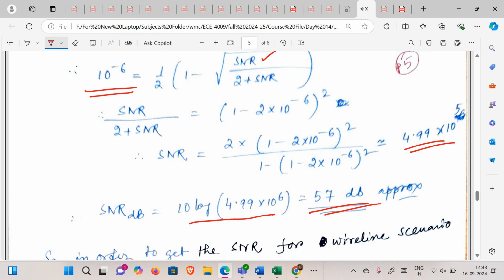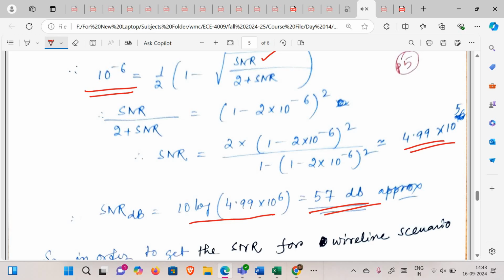Right? Can you do me a favor? Can you at least write the equation for the same for a wired scenario? Suppose the question is: compare the SNR requirement from a wired and a wireless scenario, keeping that BER should be 10 to the power minus 6. Wireless I have shown you. In wired, what will be the equation?